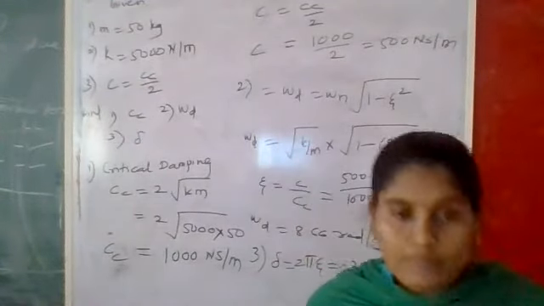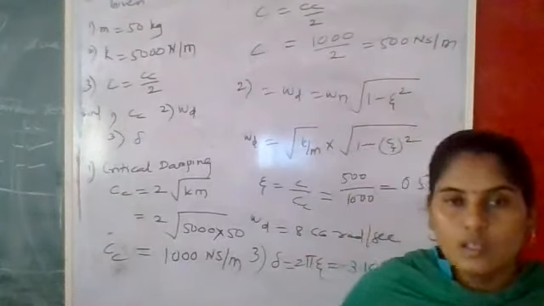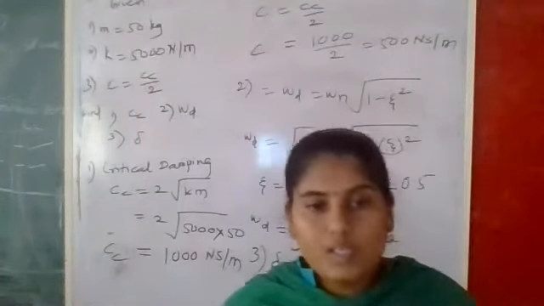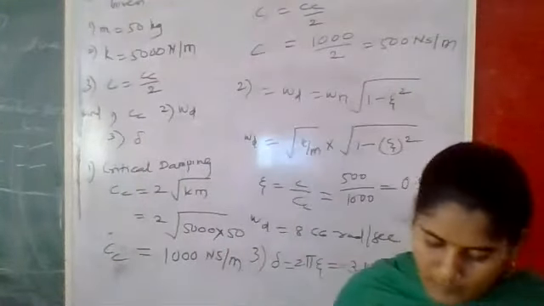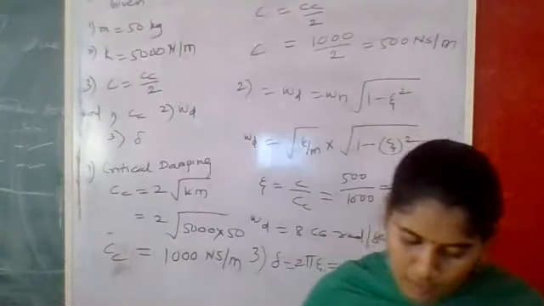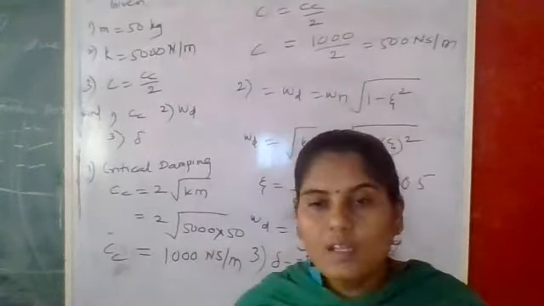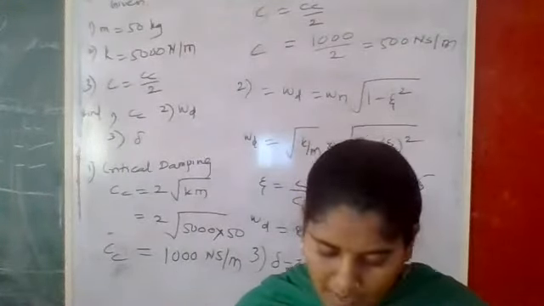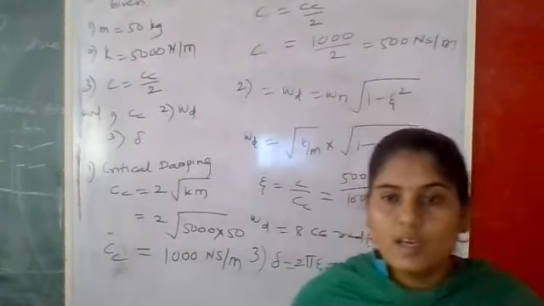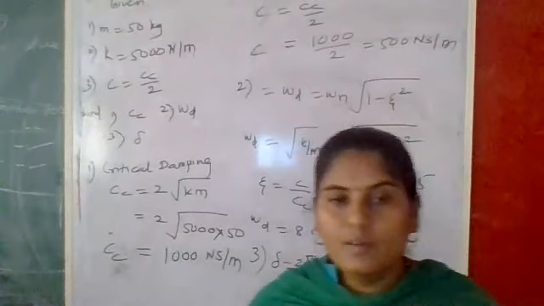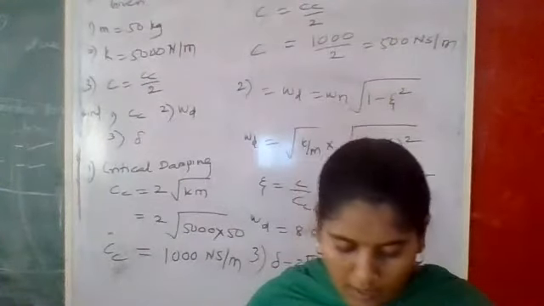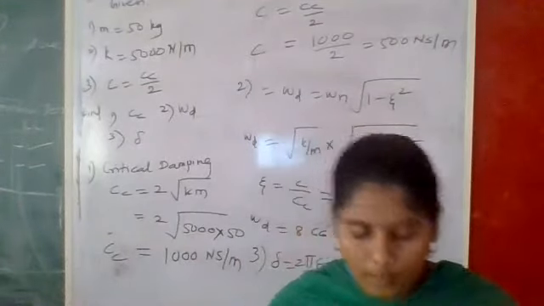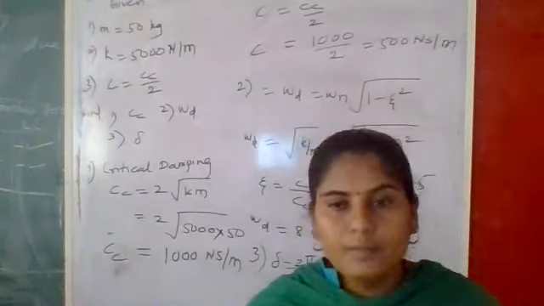Full stop. For a particular SDOF system, omega n is equal to 60 radian per second. Find Tn, omega d and Td.